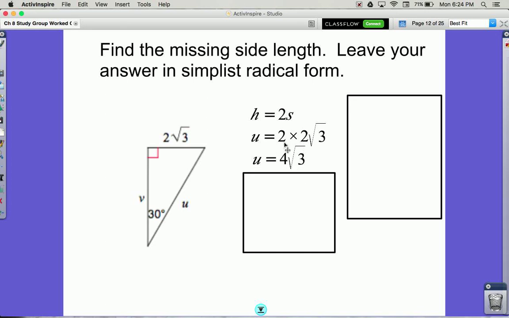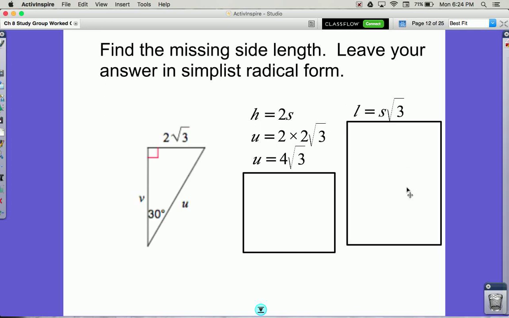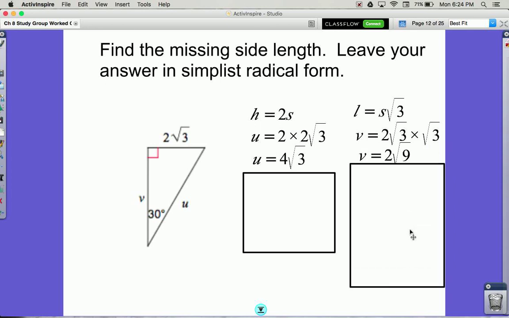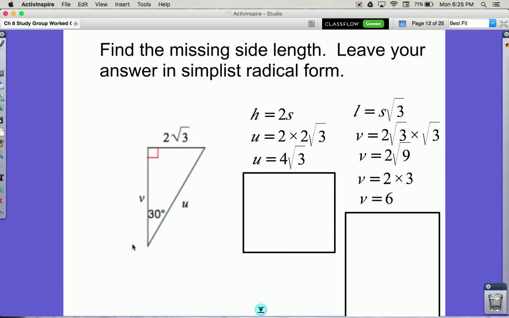So you're just going to multiply the numbers outside of the radical to get 4. And the long leg equals the short leg times the square root of 3. So v equals 2 radical 3 times radical 3, which is 2 times radical 9. 3 times 3 gives you 9. Square root of 9 is 3, so this is 2 times 3, which is 6. So v equals 6.